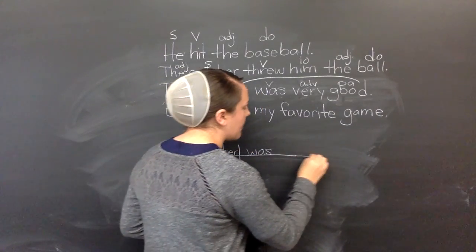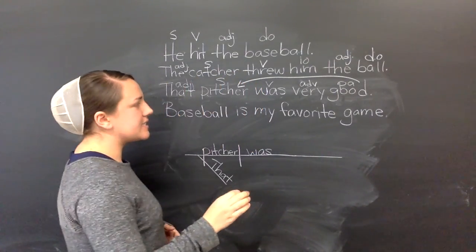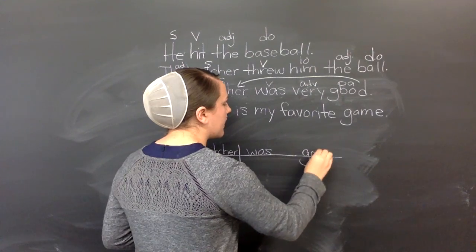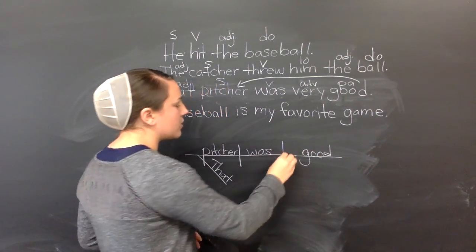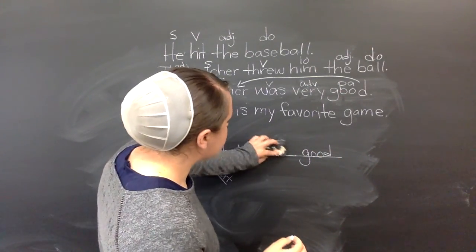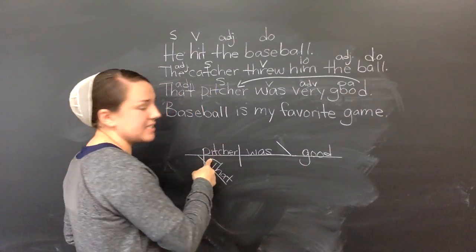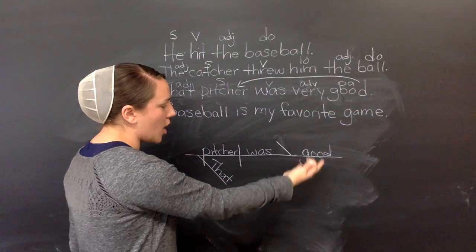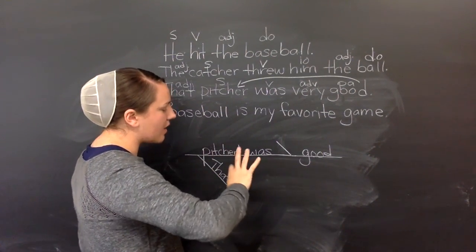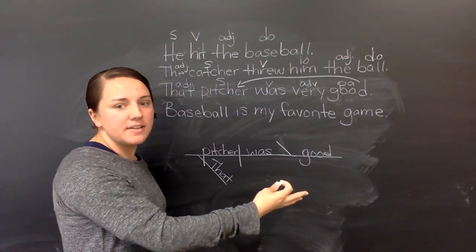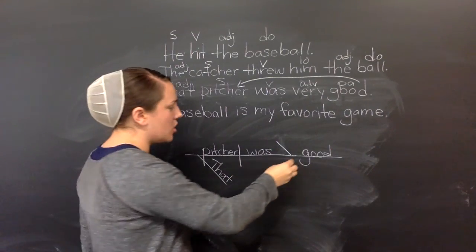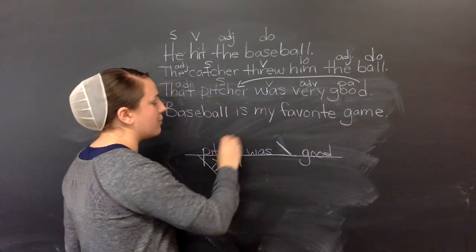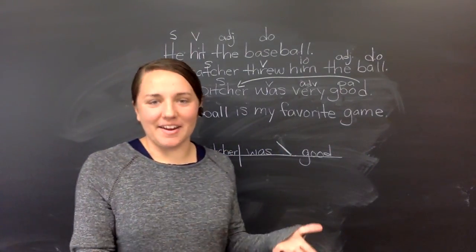So predicate adjectives and predicate nominatives are diagrammed almost the same as direct objects. They're diagrammed right after the verb, but the difference is that instead of drawing a perfectly vertical line, your line is going to be slanted towards the subject. So you could think that our predicate nominative is renaming our subject, our predicate adjective is describing the subject, so they have a line pointing back to what they're modifying.